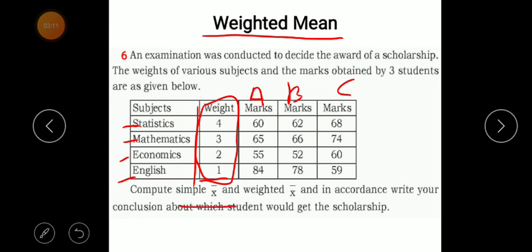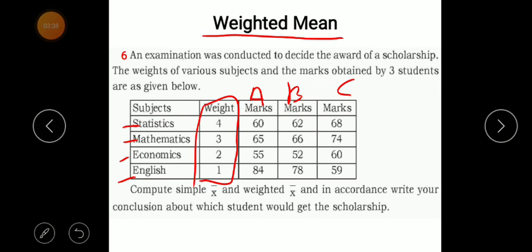Compute simple x bar, meaning simple arithmetic mean, and weighted mean. They have asked for both, and in accordance write your conclusion about which student should get the scholarship. That is what you have to decide. So let us solve this and see who should get the scholarship.